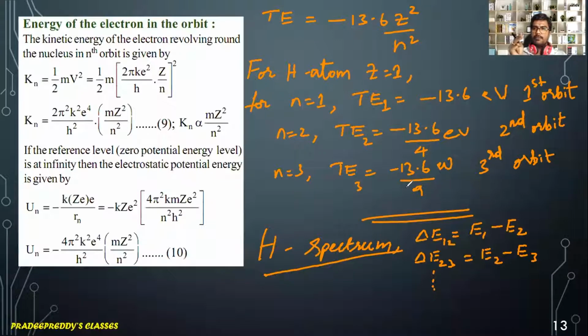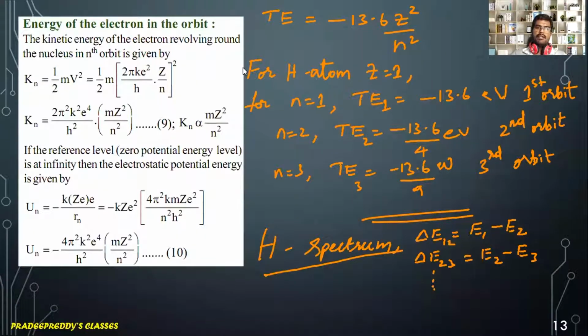In Bohr's third postulate, it has already been discussed that whenever an electron undergoes transition from a higher energy level to a lower energy level, it releases energy equal to the energy difference between those two energy levels. Likewise, whenever an electron goes from a lower energy level to a higher energy level, it should be provided energy so that it can enter the higher energy level.